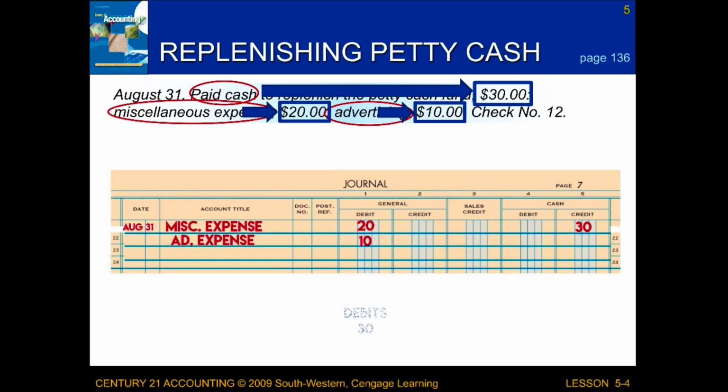So now, if I look at those two columns, if I add 20 and 10 together, my total debits are 30, and my total credits right now are also 30. So they still equal each other. Complete satisfaction, balance all of your transactions. And then you can just wrap up by putting your check number as your document number. So C12 in that document number.